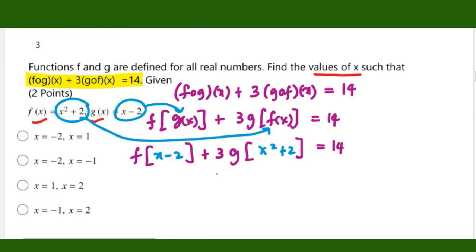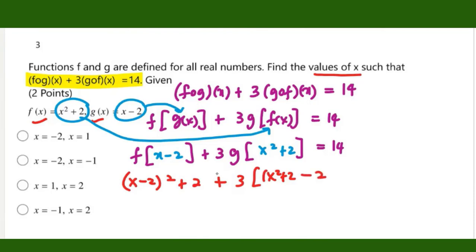Okay, now having our x minus 2 into our f of x, we shall end up having x minus 2 into x squared plus 2. So (x minus 2) squared plus 2. And having our x squared plus 2 into our g of x, that is x minus 2, we shall have 3 of x squared plus 2 minus 2.